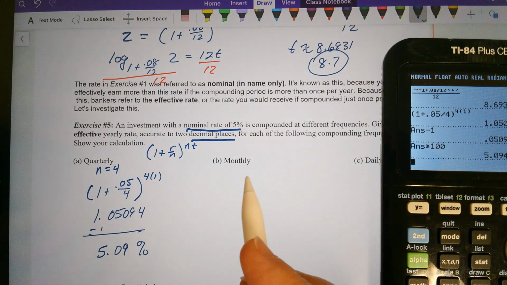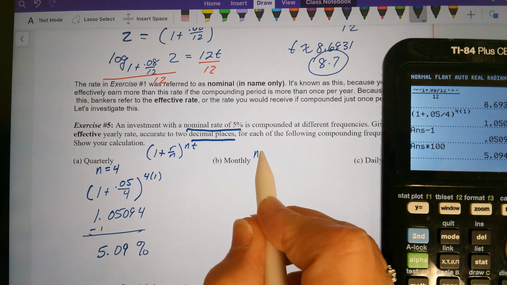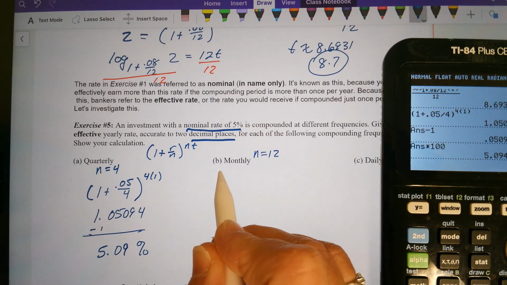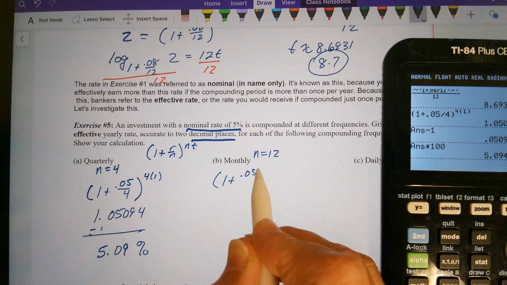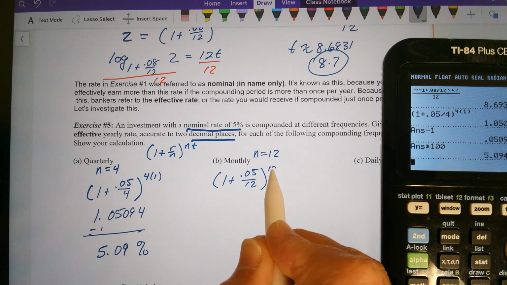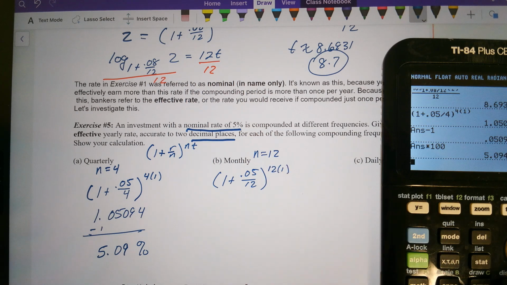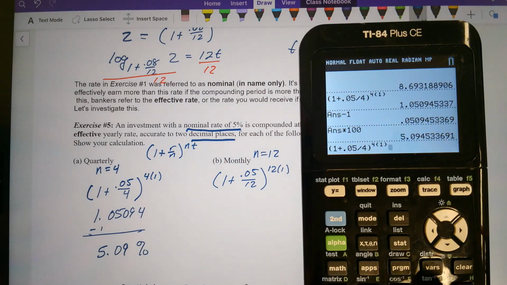If it's compounded monthly, n is 12. Grab that, change my 4s to 12.